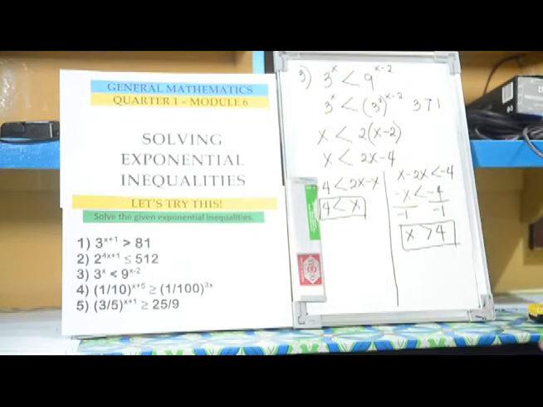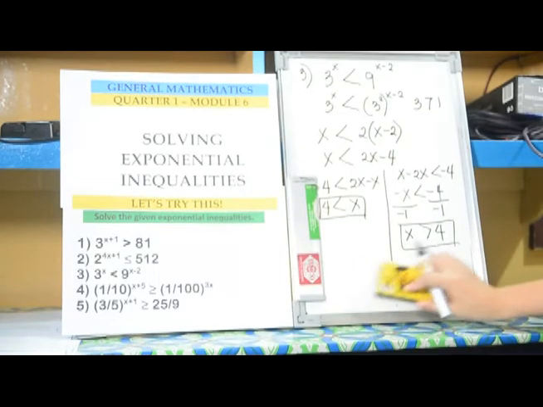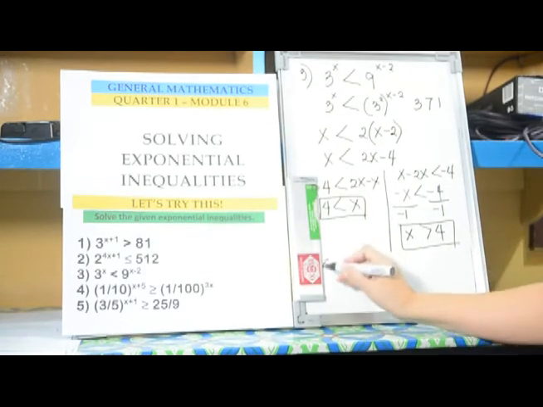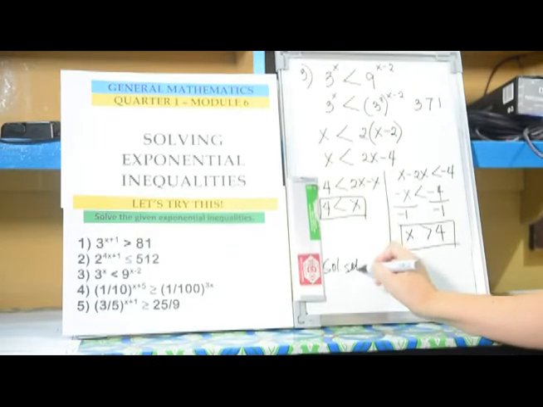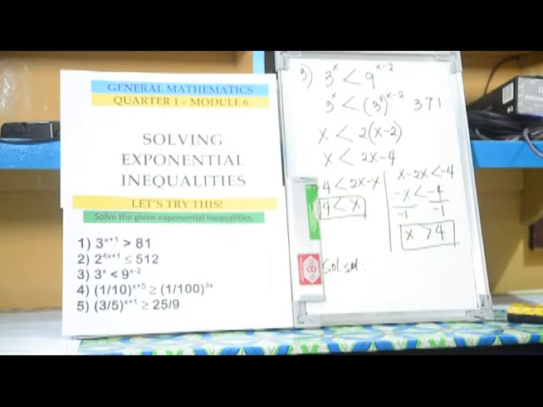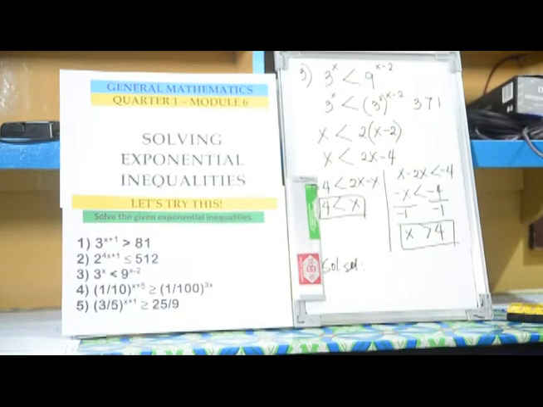So with the same idea here, what would be our solution set for that? Okay, so we have here the solution set. There is no equality, which means 4 is not included as the solution.